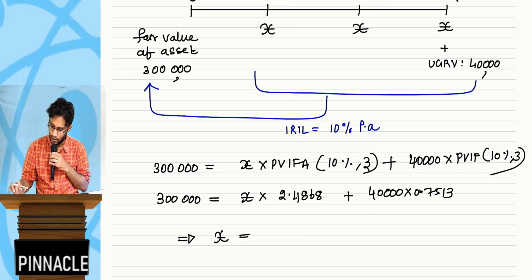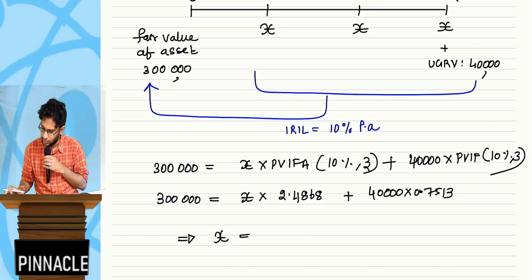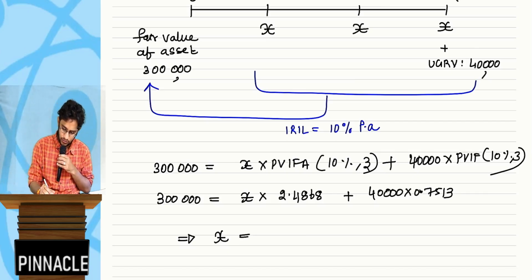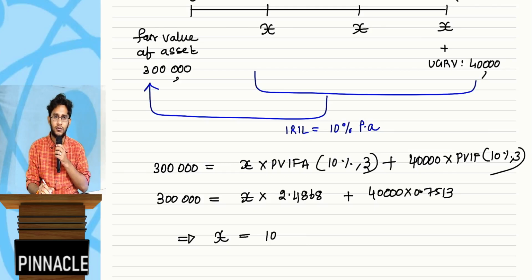Why did you get a very bad number? 40,000 into 0.7513, throw it there, 3 lakhs minus that, divided by 2.4868. Did you get 1,08,000 something? Okay. Who told 30,000 then?